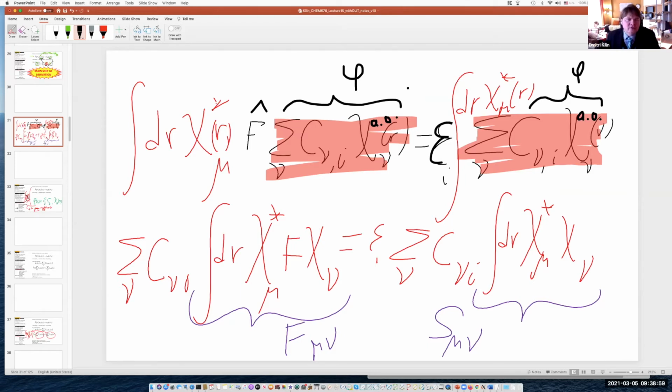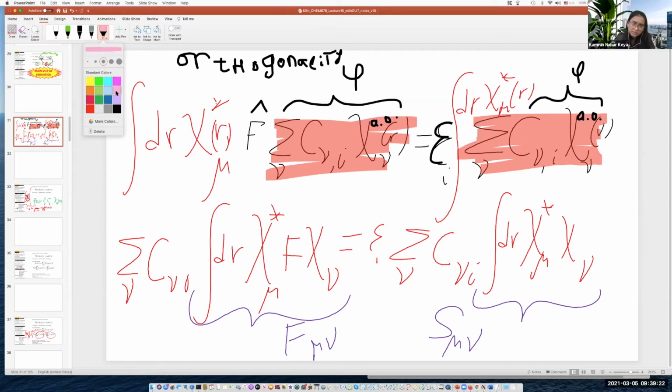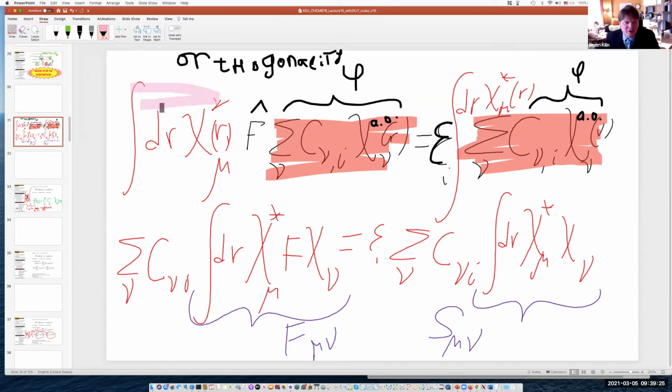So in order to practice orthogonality, I multiply the left and right sides of this equation by the atomic orbital with independent index mu, with a star, and then perform integration over the position of the electron.